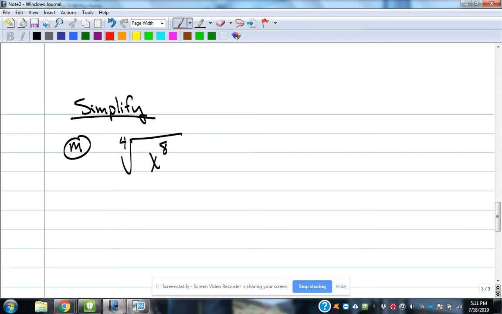Because we don't know what x is, it's not a number, so we definitely can't type that in the calculator. So if we think about it in terms of a rational exponent, it becomes x to what power? 8 over 4, and then the 8 divided by 4 simplifies. It becomes x squared.